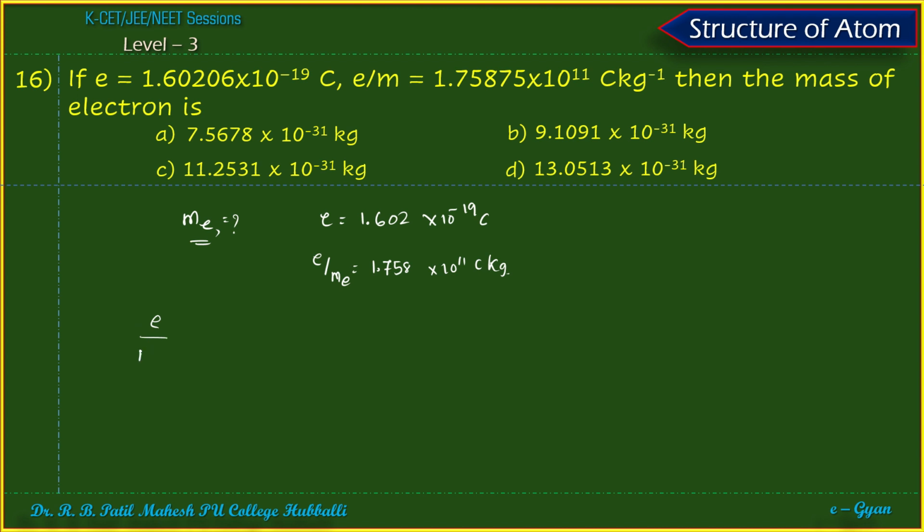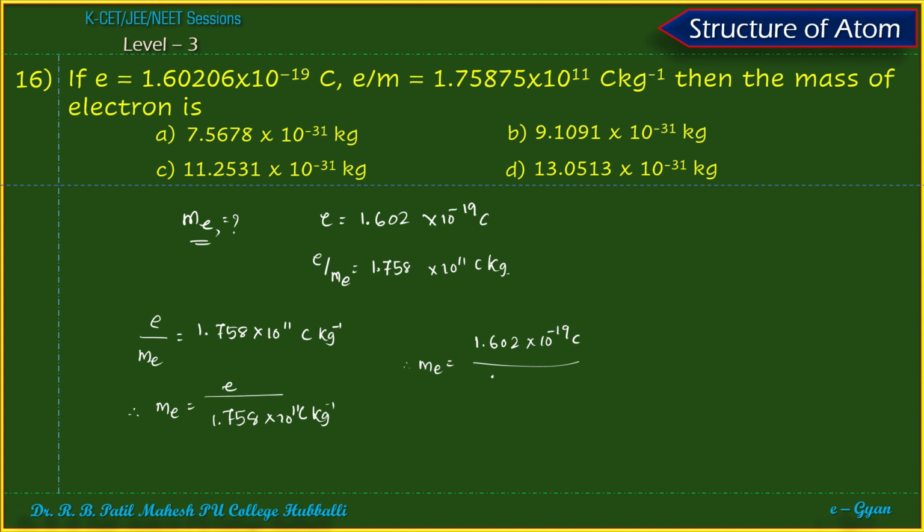Therefore, e by me is equal to 1.758 into 10 to the power plus 11 coulomb per kg. Therefore, mass of electron is equal to e divided by 1.758 into 10 to the power 11 coulomb per kg. Therefore, mass of electron is equal to charge of electron, 1.602 into 10 to the power minus 19 coulomb, divided by 1.758 into 10 to the power plus 11 coulomb per kg.